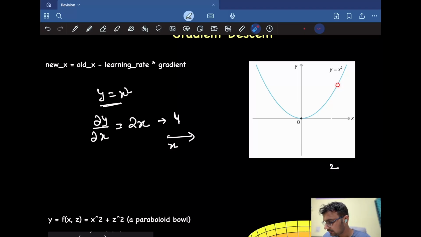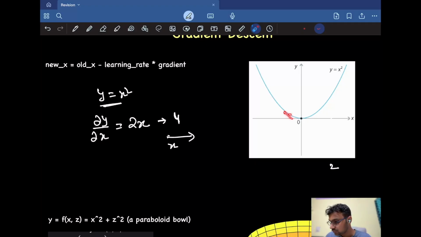Let's say we are standing over here. Now the slope is positive, so we have to move in this direction. Increasing x will increase y, but the opposite direction will reduce y. So both things are important, the sign as well as the magnitude. The higher the magnitude, the higher the rate at which the function is decreasing, so we can take large steps.